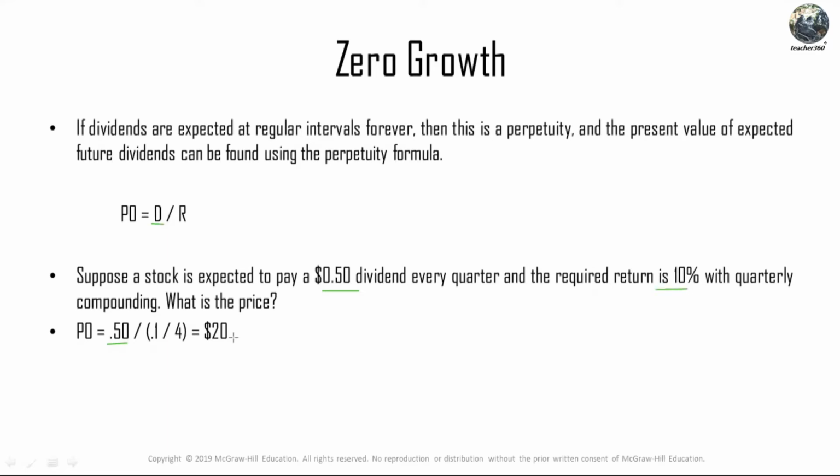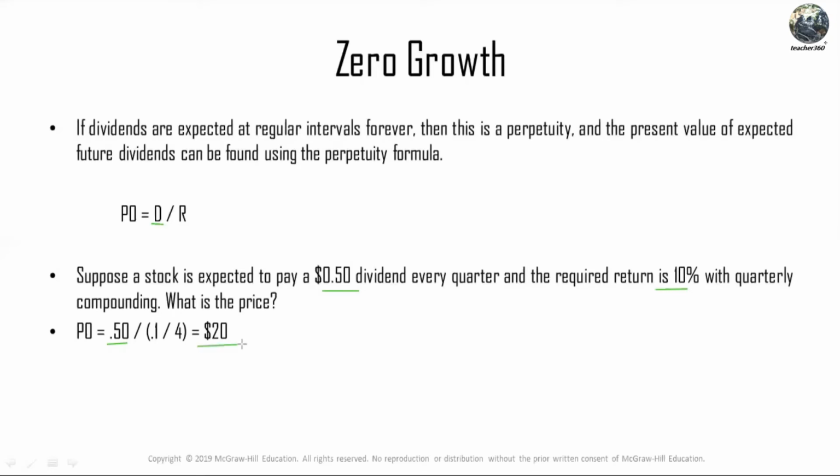Since it is quarterly, 10% should be divided by 4. Then 0.50 divided by 0.025. So your current market price of the stock is $20.